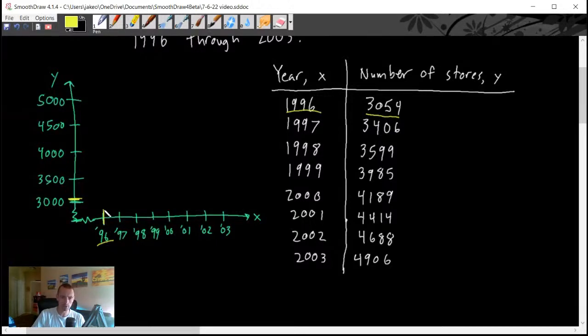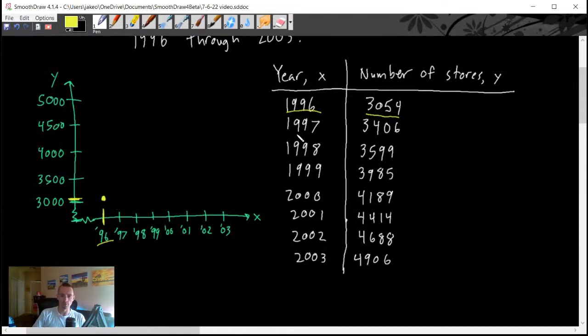And then basically what we want to do is draw a vertical line up from 1996 and a horizontal line over from 3054. And wherever those intersect is where we want to draw our point. So we'll just draw our point right there. Let me erase the lines and just put our point right there. So that's one of the points of our scatter plot.